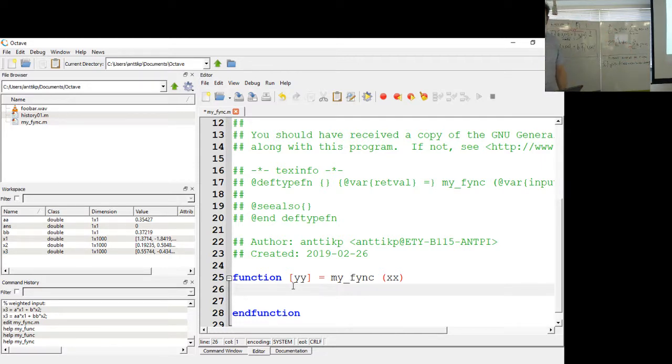Which means that we now need to do the delayed X, XX1 equals, we take 0 at the beginning, and then XX from first to almost last value, length of XX minus 1.